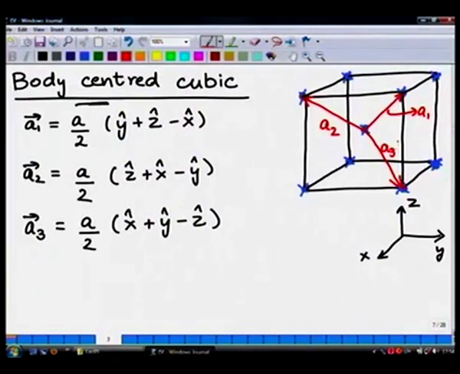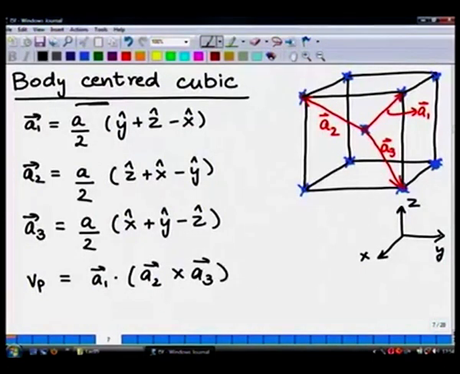Using these three vectors, you can construct a volume and a primitive cell. If I take the volume of the primitive cell, you can carry out the exercise A1 dot A2 cross A3, and this will come out as a cube by 2.